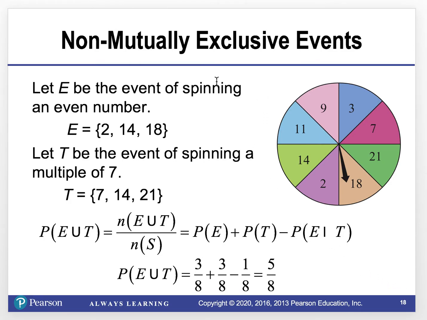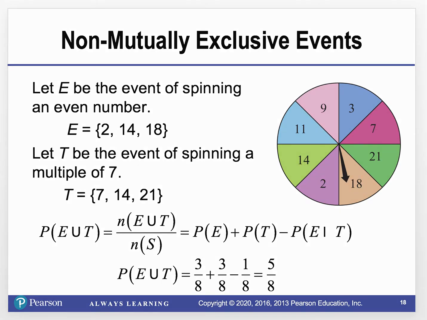Non-mutually exclusive events. So let's let E be the event of spinning an even number. So we're talking about this spinner now. Okay, so our even numbers are 18 to 14. Okay, T be the event of spinning a multiple of 7. Oh, we've got a 7, a 21, a 14.